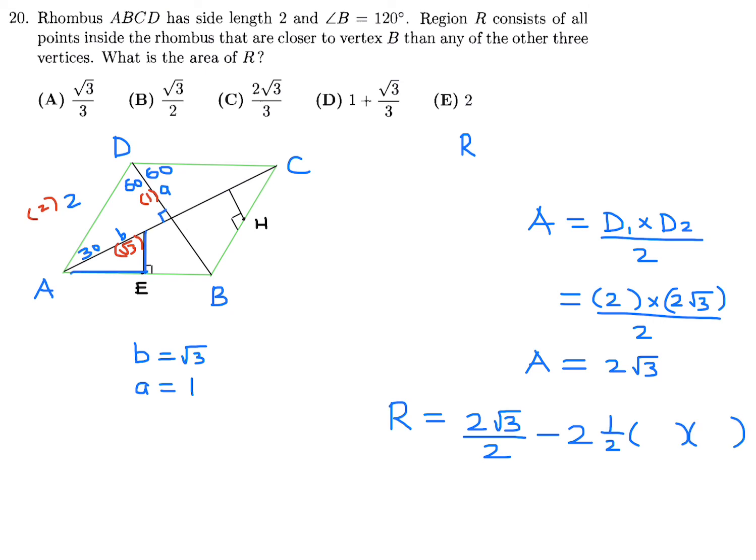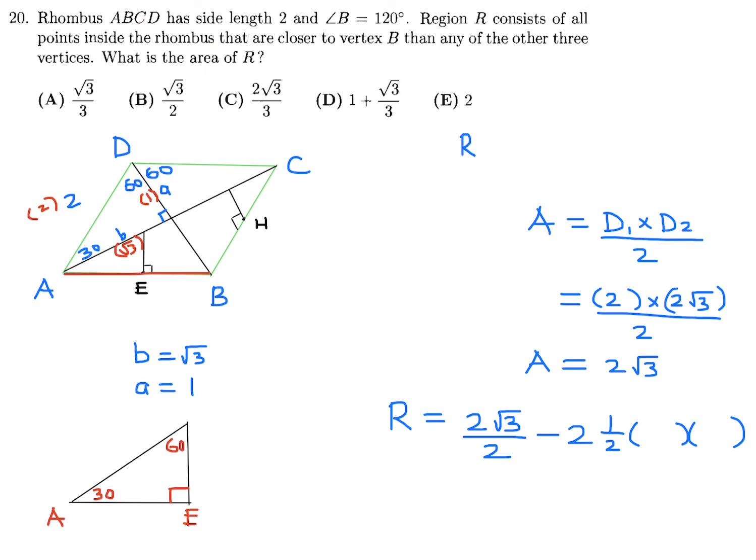Now, to get this base and to get this height, again, we're going to use a 30, 60, 90 triangle. And I'll just draw that triangle again over here, just to avoid making the diagram messy. So what I did is I took this triangle right here and then just drew it here. So, for example, this is A and this is E. And this is a right angle, and this is 30 degrees, and this is 60 degrees.